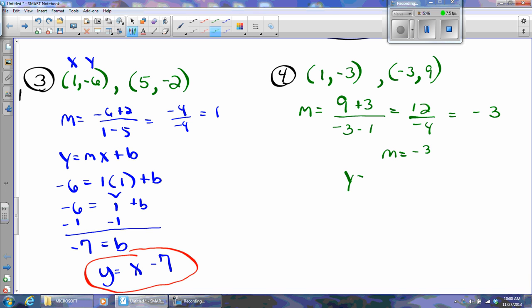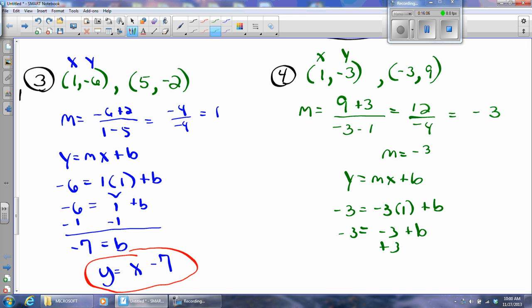I go to y equals mx plus b, and I'm going to use x and y. And so I'm going to have negative 3 equals negative 3 times 1 plus b, which means that I have negative 3 plus b on the right-hand side. I'm going to add 3 to both sides, and I'm going to get b equals 0.